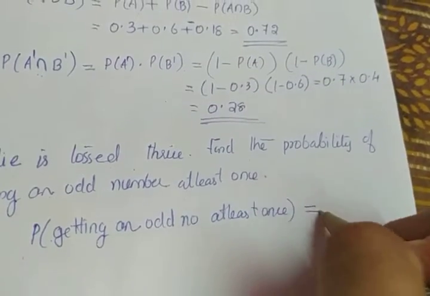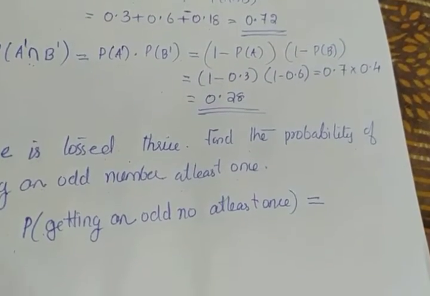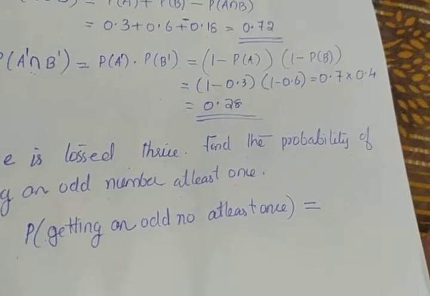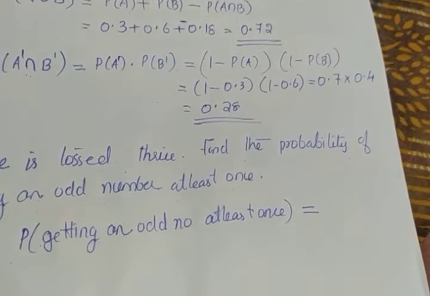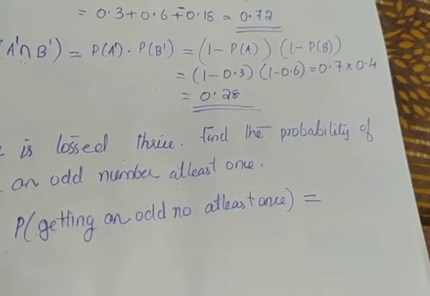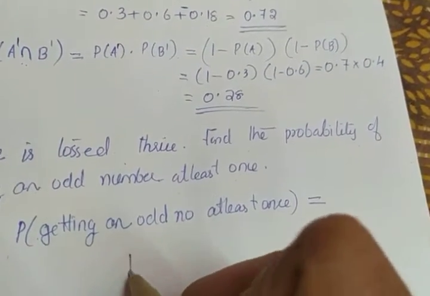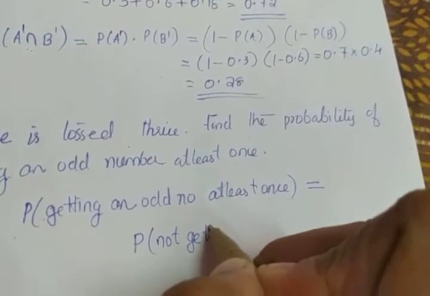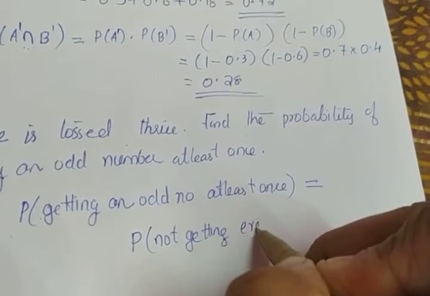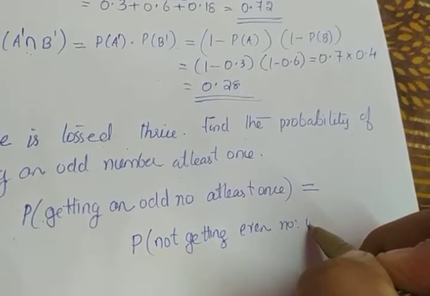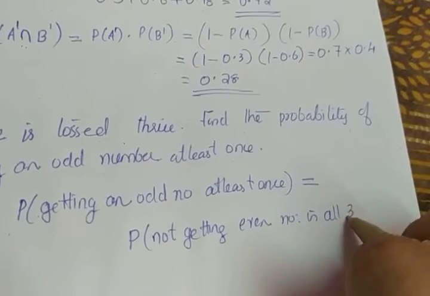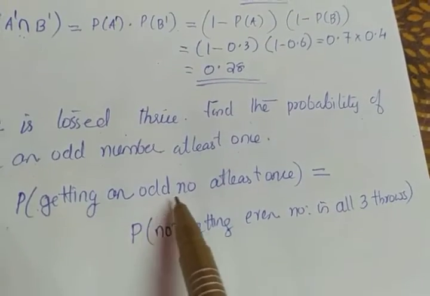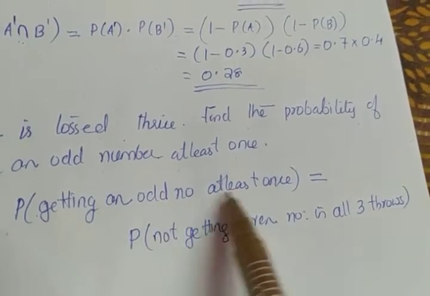Okay, that is the same as the complement of the probability of getting an even number in all the 3 tosses. So this is equal to 1 minus P of getting an even number in all 3 throws. The question is, we have to find the probability of getting an odd number at least once.